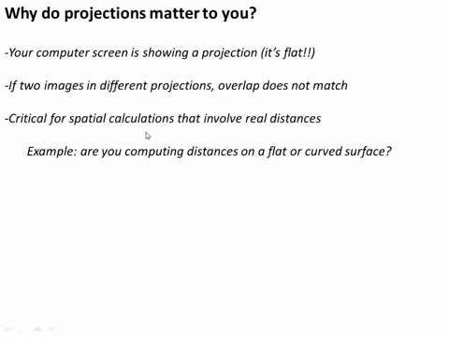So if you measure a distance on a projected image, it might be wrong, because what you really want is the distance on that curved surface. So it's important to use projections that minimize distortion, so that if you measure a distance on a flat surface, it's pretty close to the same answer as what you'd get on a curved surface. So anytime you're doing calculations of area or distance, you want to be really careful about what projections you're using.